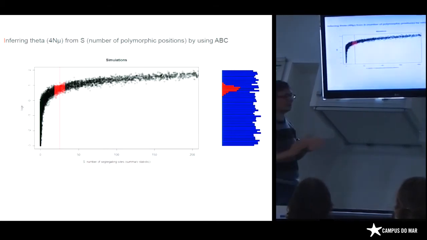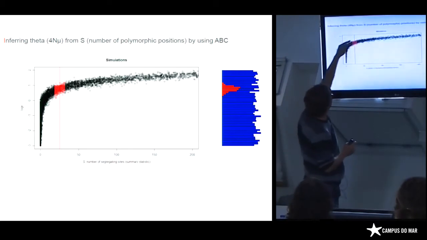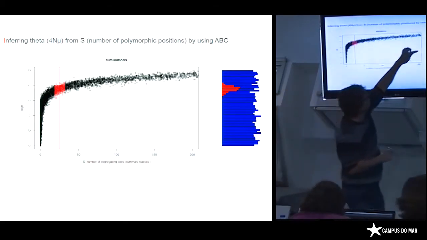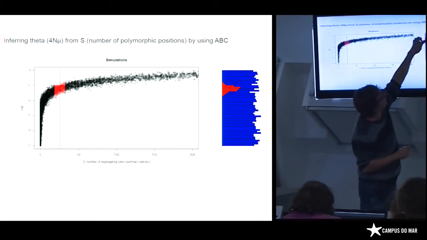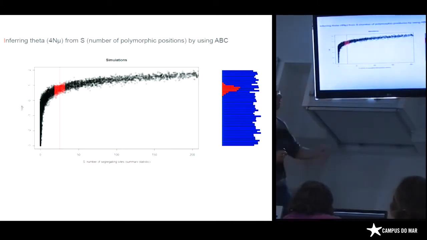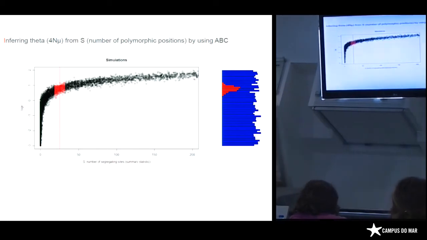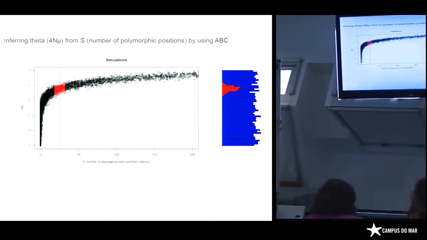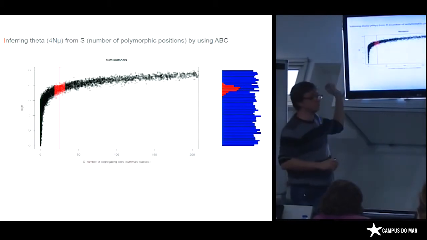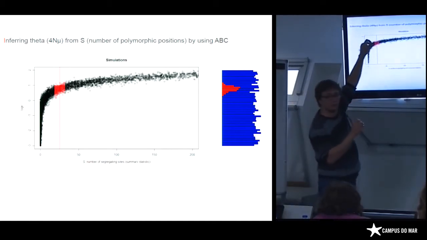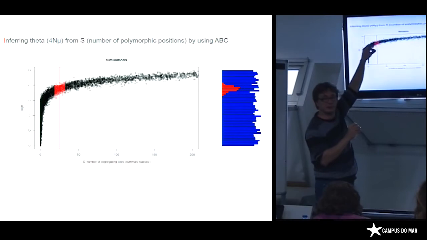You keep only the simulations that have the shortest Euclidean distance, and you obtain the posterior distribution of theta, here in red. Okay? And if we had two models, you would have two colors of points, and you can choose the model that puts the highest number of points around your observed summary statistics.